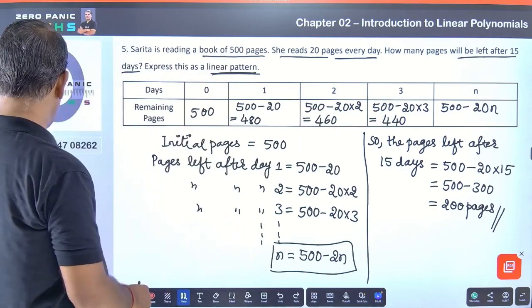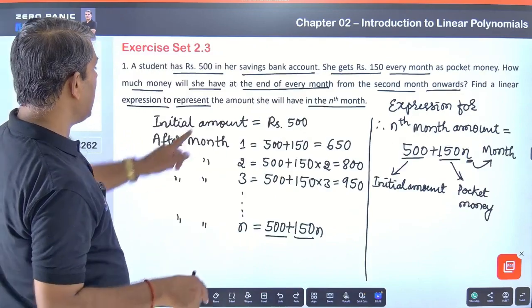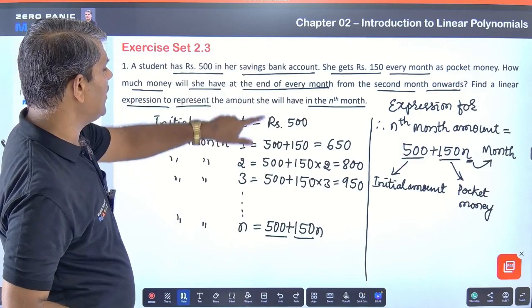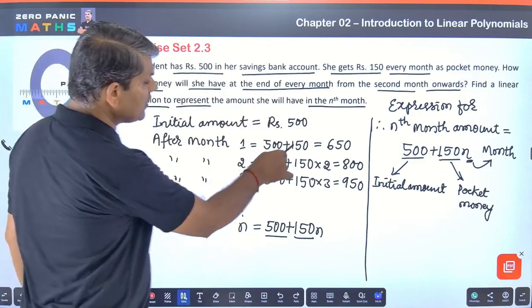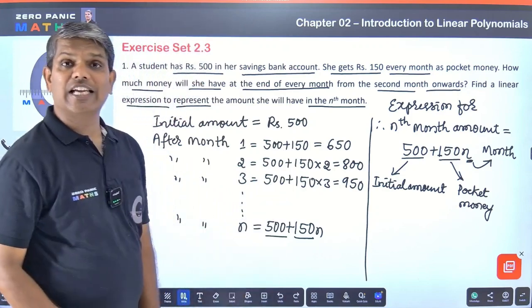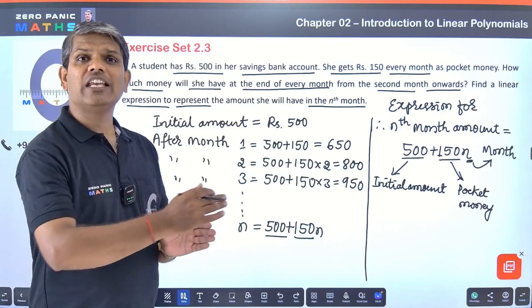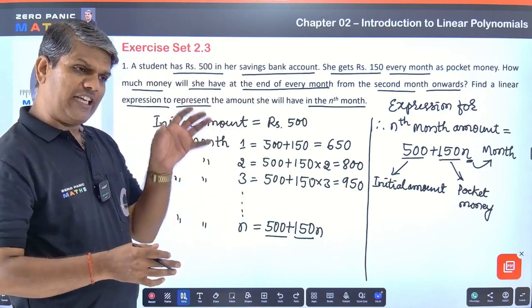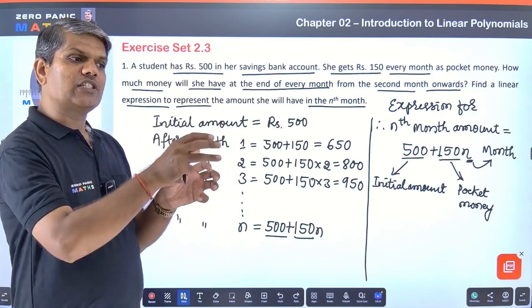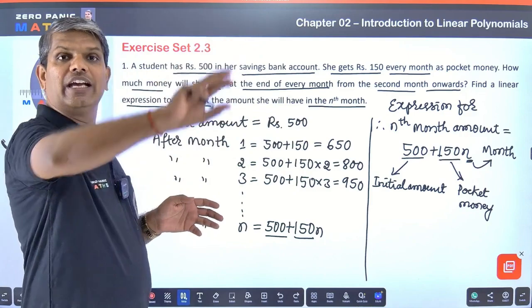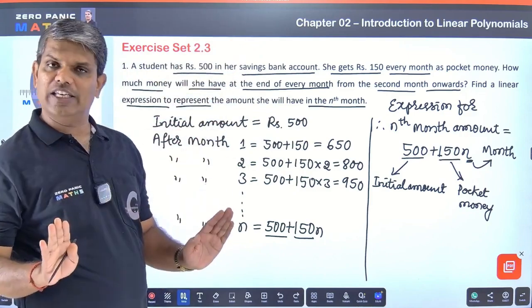And if you see the previous problem, for the initial amount in the savings bank, 500, a constant amount 150 is getting added every month. That is called linear growth. So for the initial amount, if a constant amount is getting added and the values are growing in a linear fashion, that is called linear growth.